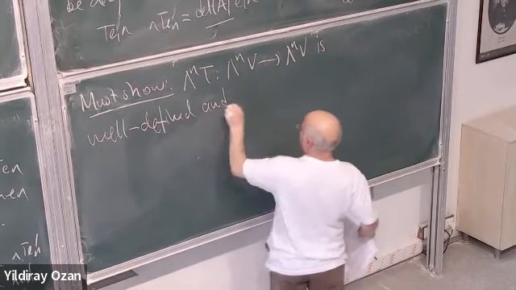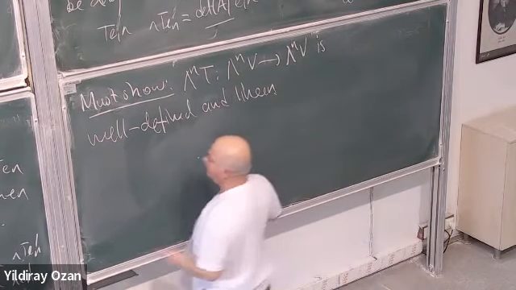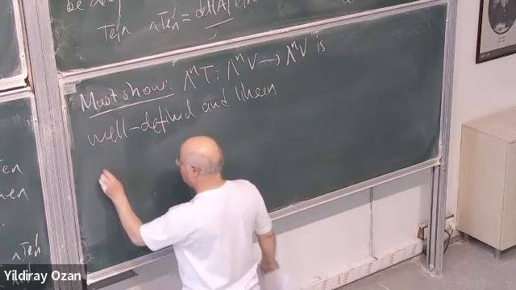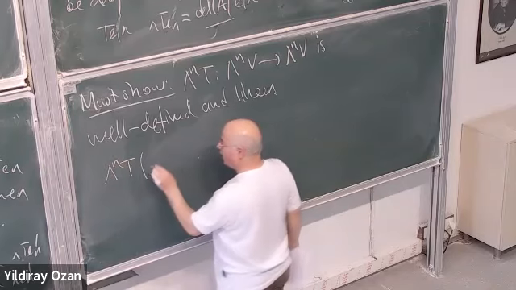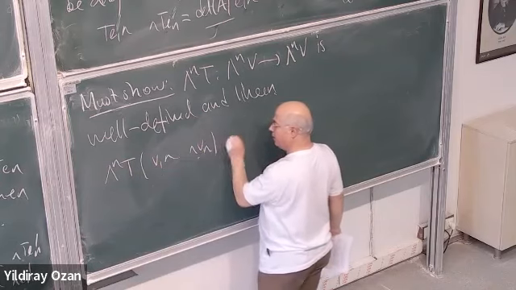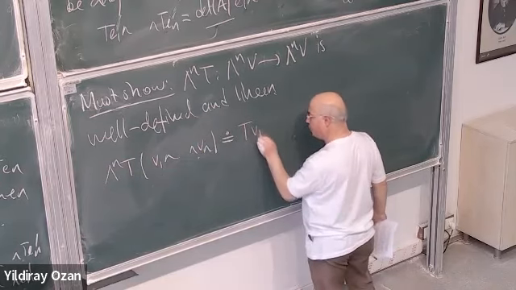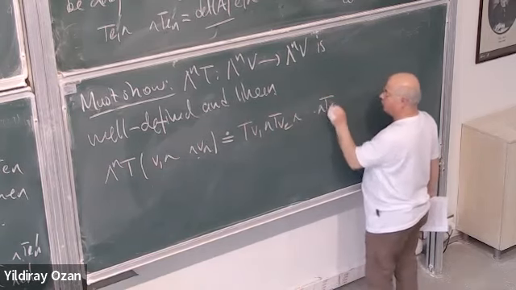And well defined'lığa bakalım. Şimdi well defined'lık için ne gerekiyor? So, how did we define this on an element like this? We define it this way. I apply T to the first vector and then to the second vector and so on.